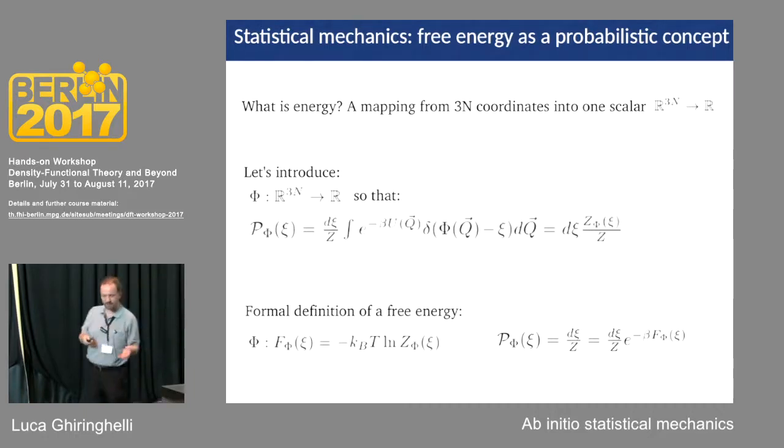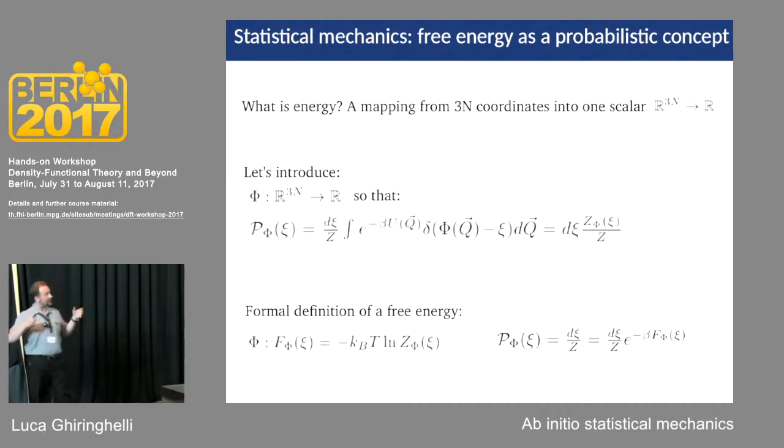You have to give the Hamiltonian of the system, of course. But people also talk about free energy as a function of some variable. Because if you have a chemical transformation and you go from one state to the other, you have this free energy barrier, you have free energy as a function of some coordinate. How come? Well, it's a bit of stretching of the concept of free energy.